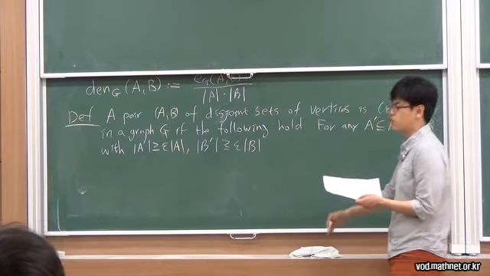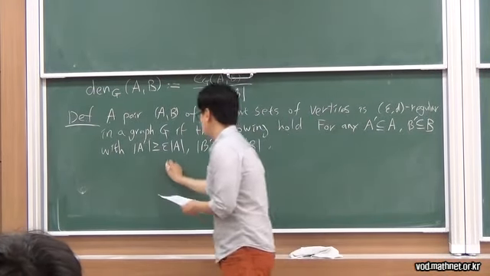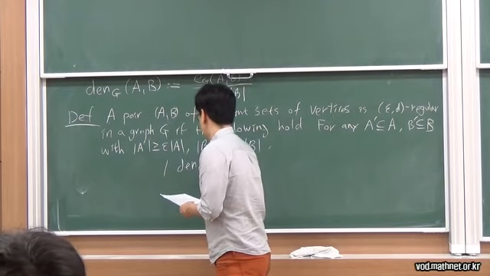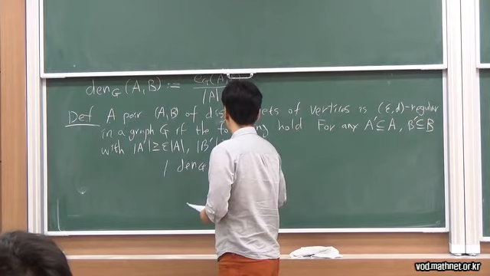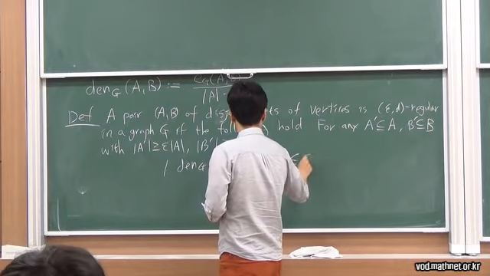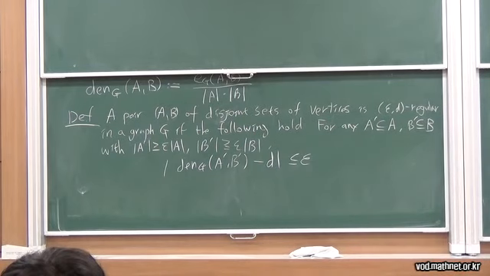If epsilon is smaller, then it's more uniform. What we have is that the density between A prime and B prime is very close to D. So it's at least D minus epsilon and at most D plus epsilon.